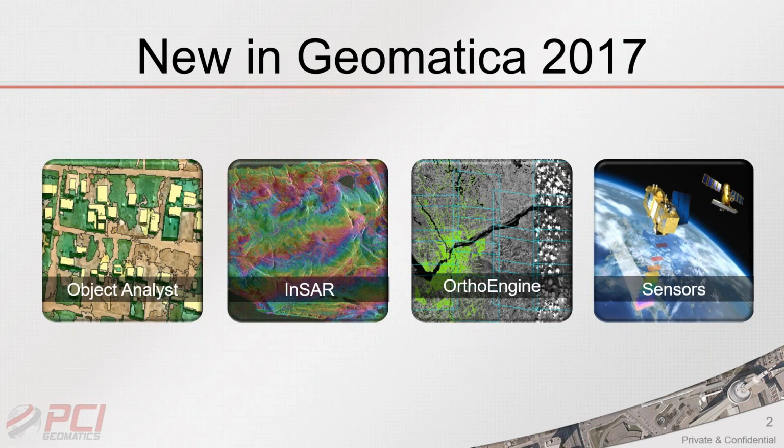Object Analyst is an object-based image analysis tool which allows you to segment the image into objects and then also perform the classification. InSAR is our interferometric module. This allows you to use repeat pass synthetic aperture radar imagery to measure deformation and also to extract elevation models.